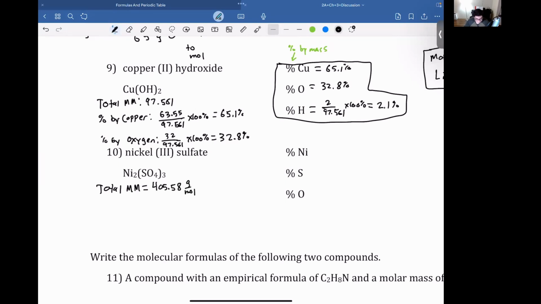grams per mole. Then you're going to do the same thing. So you're just going to go ahead and divide each one by the total, right? So nickel, there's 2 nickels. Nickel weighs, it's in the middle, 58.7. There's 2 of them.